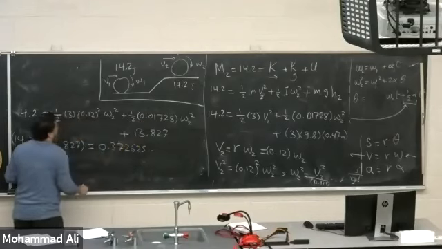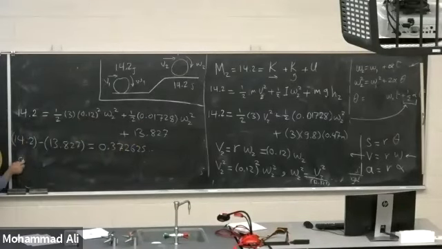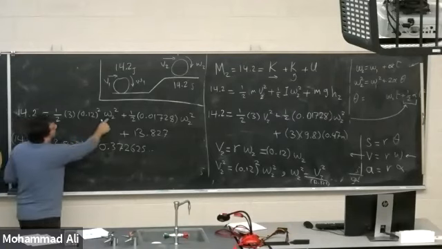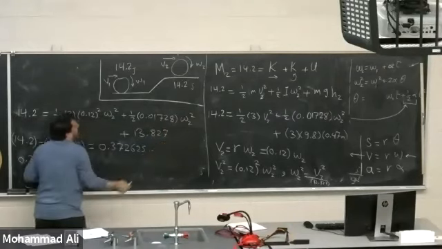This will be equal to this. So we have 0.37. Let me approximate it like this, okay? Equal to, take omega squared as a common factor outside.